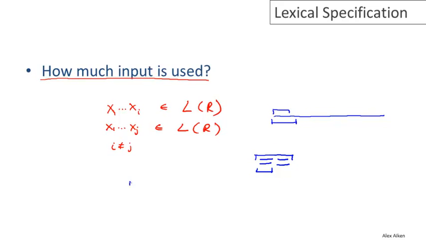This is an example we've looked at before and discussed, and there's actually a well-defined answer to this question: we should always take the longer one, and this has a name. It's called the maximal munch. So the rule is that when faced with a choice of two different prefixes of the input, either of which would be a valid token, we should always choose the longer one. The reason for this is that's just the way humans themselves read things.